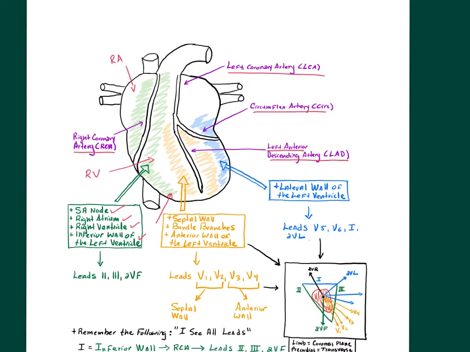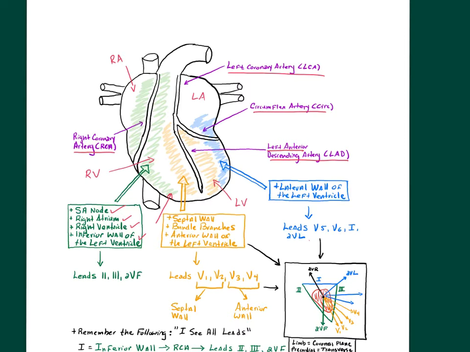Let's talk about the LCA. What structures do you think the left coronary artery is going to perfuse? Yeah, you've got part of the left atrium up here. What else? Actually, a majority of the left ventricle is going to be perfused by circulation from the left coronary artery.